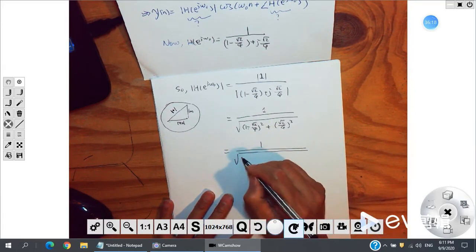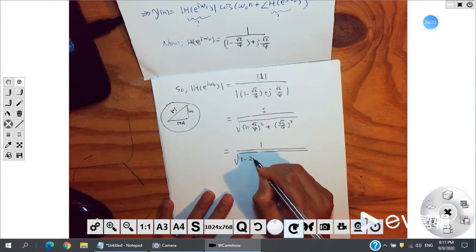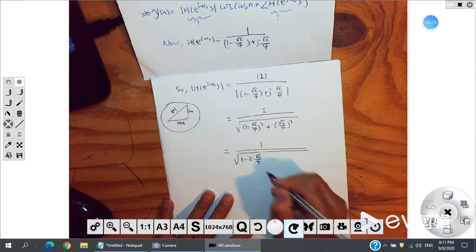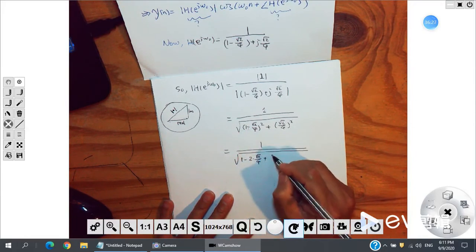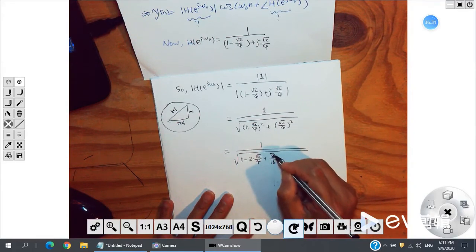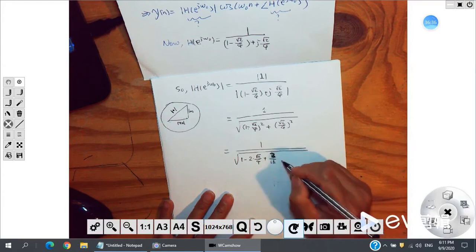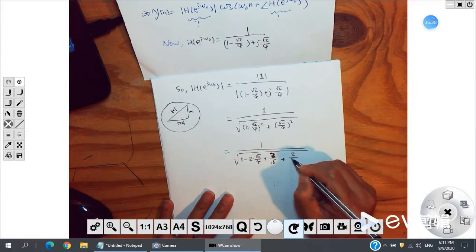Okay, we can do a calculation. This is 1 minus 2 times square root of 2 over 4, and plus the square of it, which is 2 over 16. Squaring the square root gives 2. And the other term is also 2 over 16.